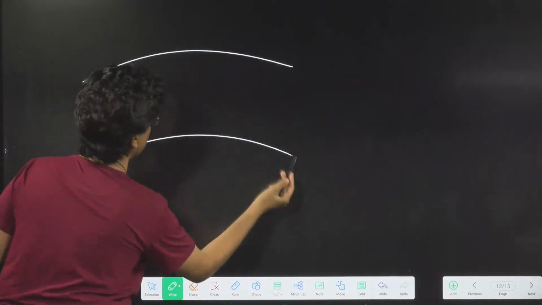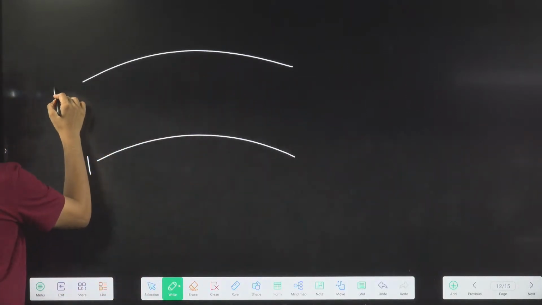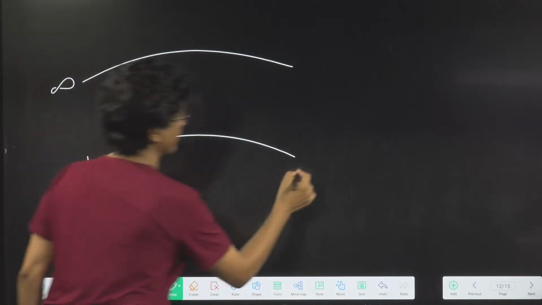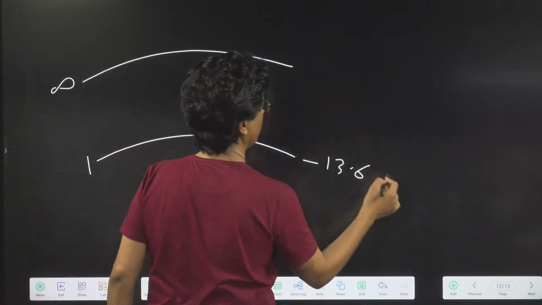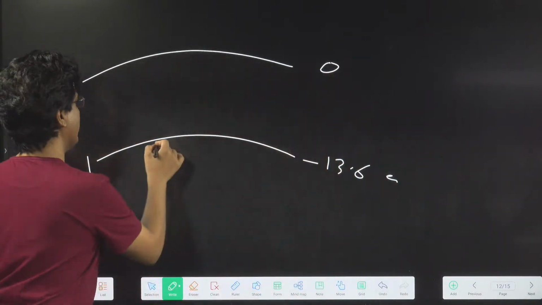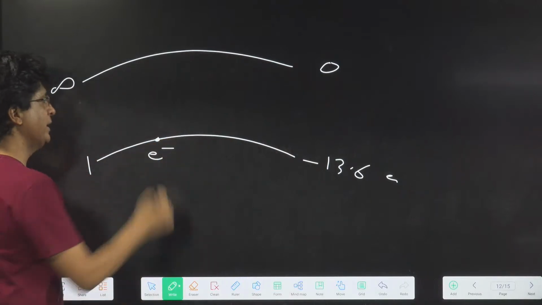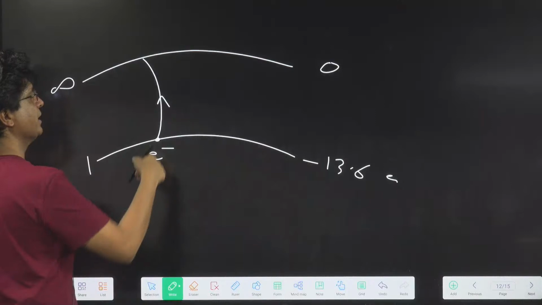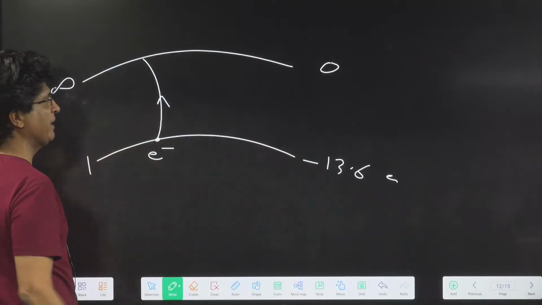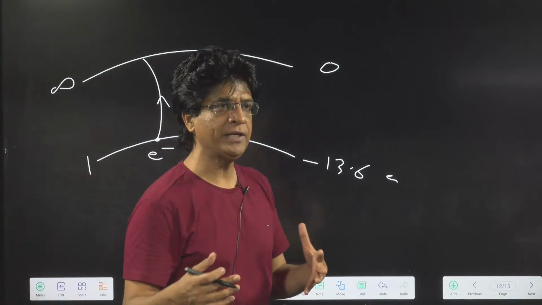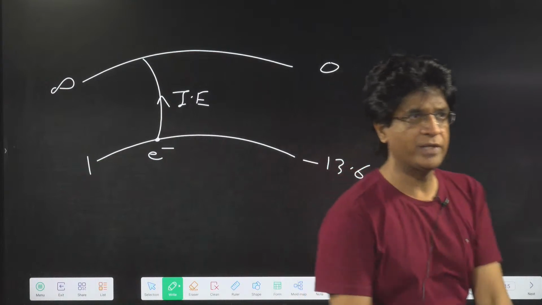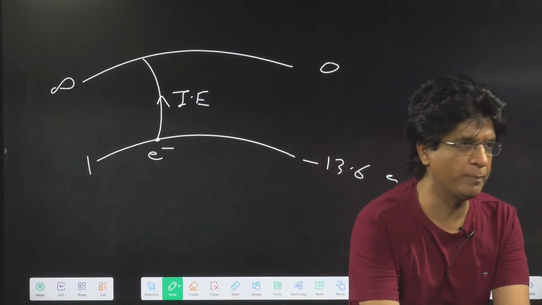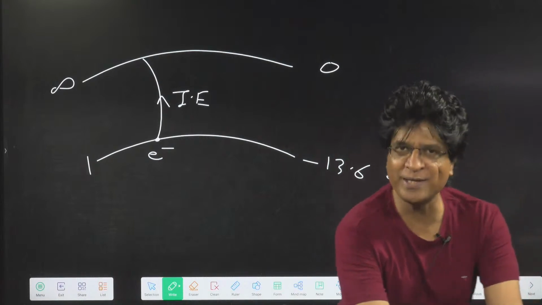One more thing. See orbit number 1 and orbit number infinity. The energy is minus 13.6 electron volt for hydrogen in orbit 1, and 0 electron volt at infinity. If the electron is in orbit number 1, the amount of energy required to send the electron from orbit number 1 to orbit number infinity is called ionization energy.